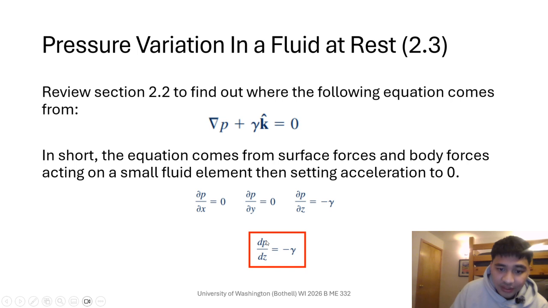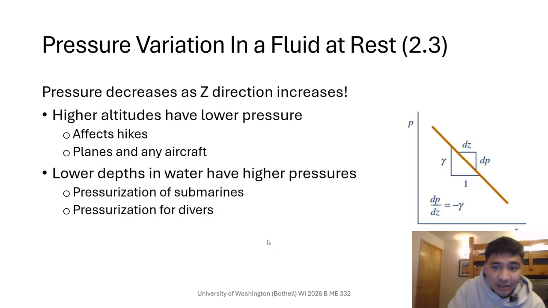Conceptually, you just know that in water, as you go deeper down into the water, the pressure increases, right? So pressure varies with height. I'll have some examples of that in my next slide. Oh, here we are. So pressure decreases as the z direction increases.